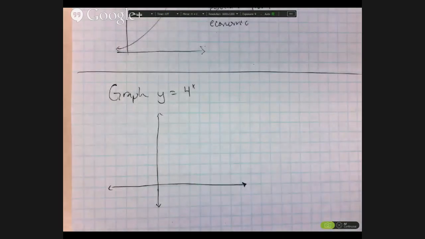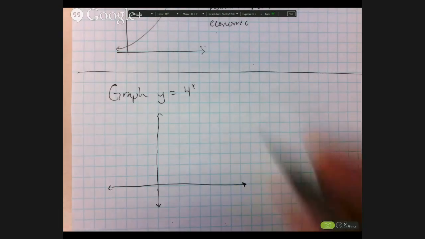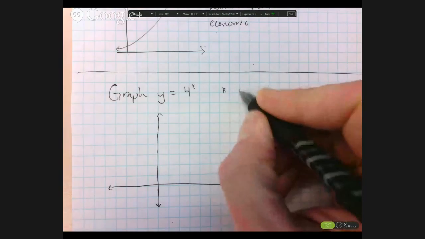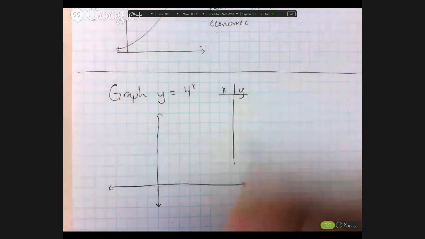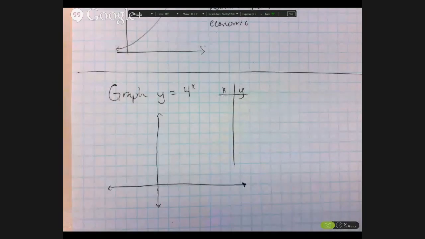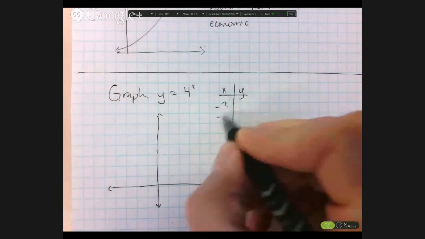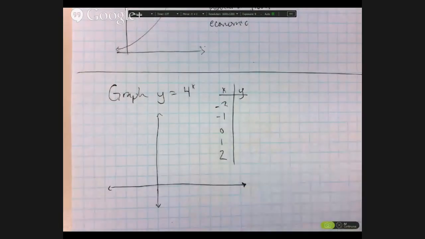But if you run into it by hand, any ideas on how we might do this? There's one technique we can always use. Table? We'll start with the table. Again, I always use those just because that's easy, right?